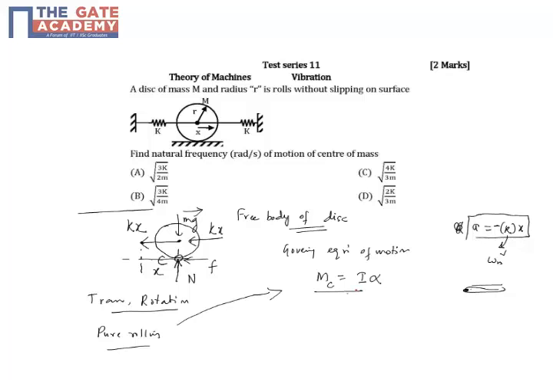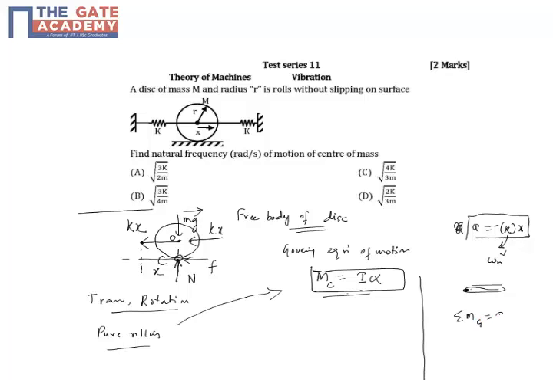We will use this equation because most of the time slipping problems are difficult to solve. Most of the time it is rolling without slipping on the surface, so you can easily apply this equation about the contact point. Okay, so this is one way of doing the problem. The other way is to apply this equation about the CG instead of the contact point.